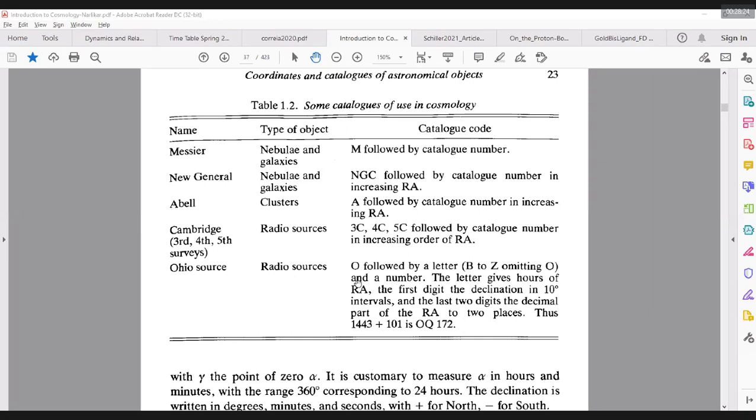So without going into the very details, because that would be a big topic, then just like a librarian, how to prepare a catalog, but for general knowledge sake of information, you can look at some big catalogs. Messier must be name of somebody.